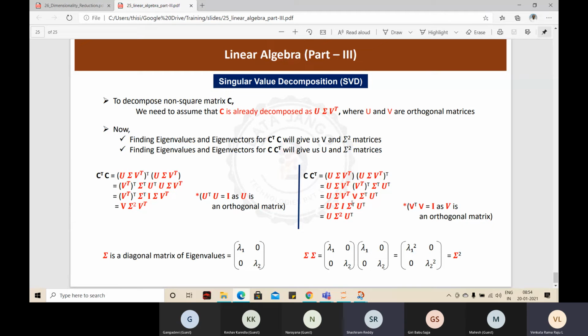Sir, if that is the case, are all the vectors in V, in the case of eigen decomposition, also orthogonal to each other? I didn't get the question. In V, orthogonal to each other. So in singular value decomposition, we are assuming the vectors inside the matrices U and V are orthogonal. Yes, sir.